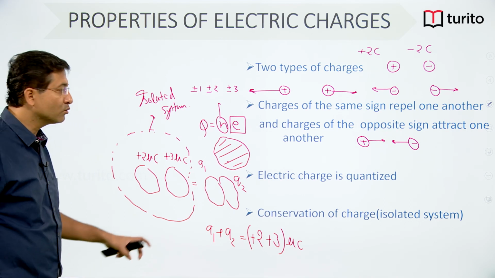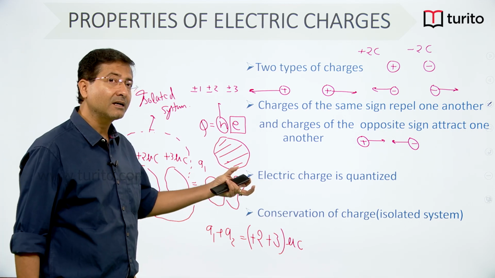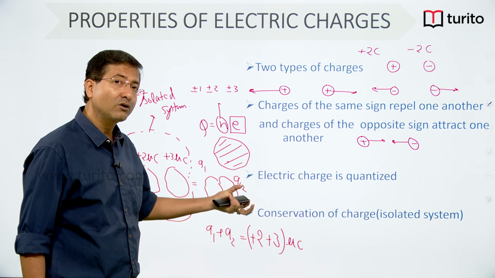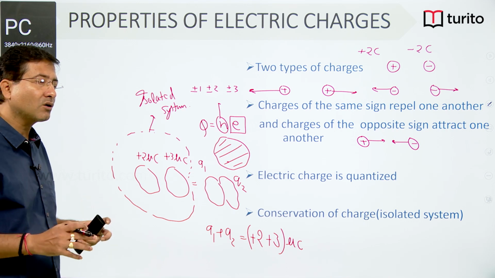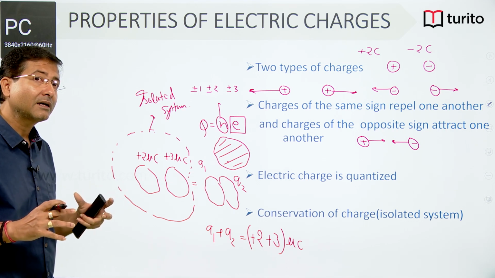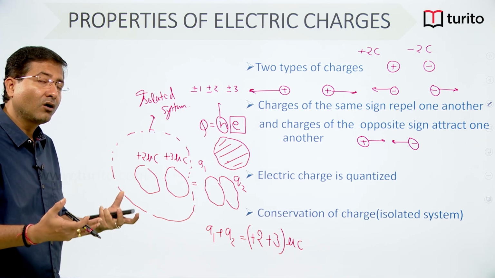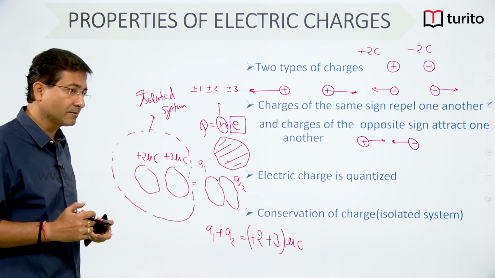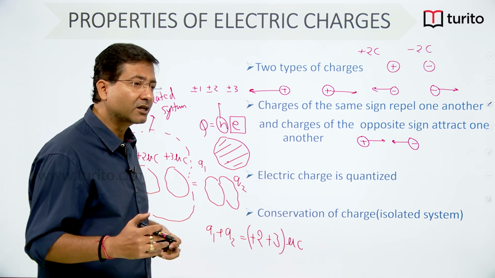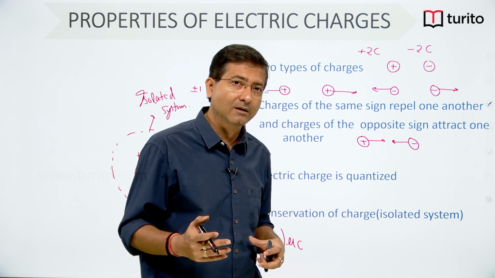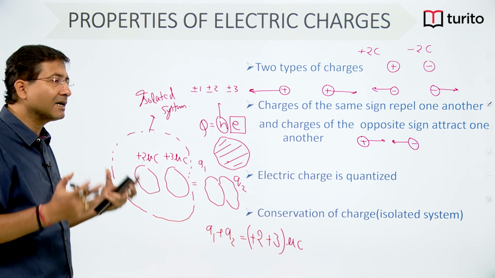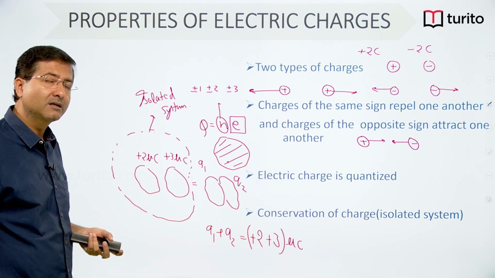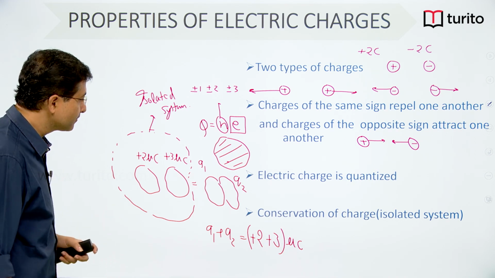That means you cannot create net charge or you cannot destroy net charge. You can create charge, you can destroy charge, but you cannot create net charge or destroy net charge. In pair production and annihilation processes, we create and we destroy charges, but the net charge on the system remains the same, right.